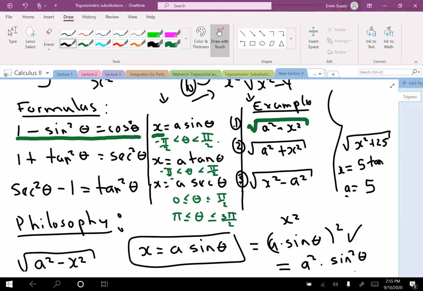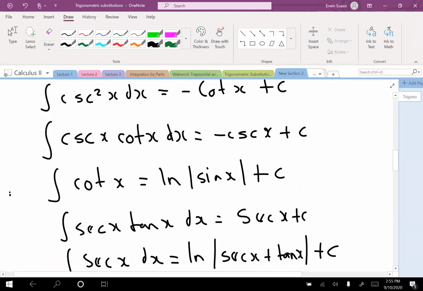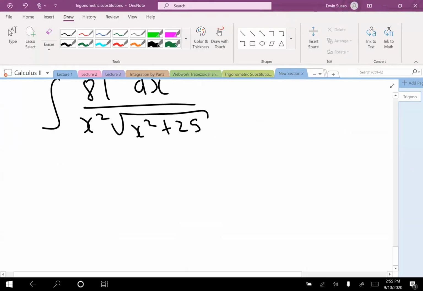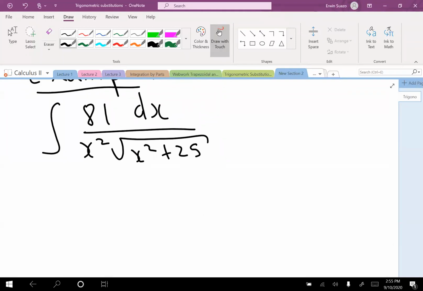Tangent theta. And it's coming from this table over here. So that's what we're going to do. x equals 5 tangent theta. So we're going to do the substitution x equals 5 tangent theta.